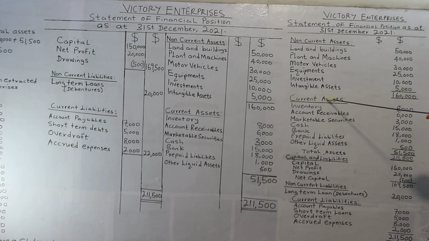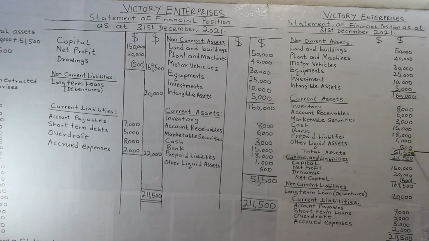Then we have the current assets: inventory, 8,000, accounts receivable, 6,000, marketable securities, 3,000, cash, 15,000, bank, 18,000, prepaid liabilities, 1,000, other liquid assets, 500.